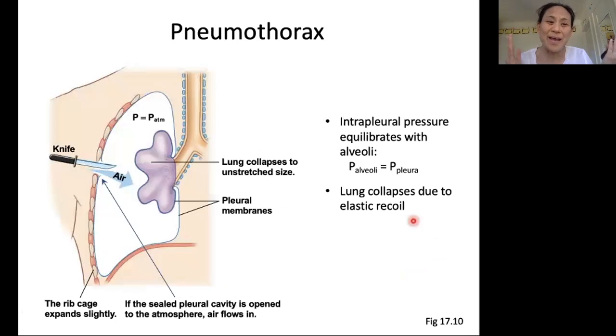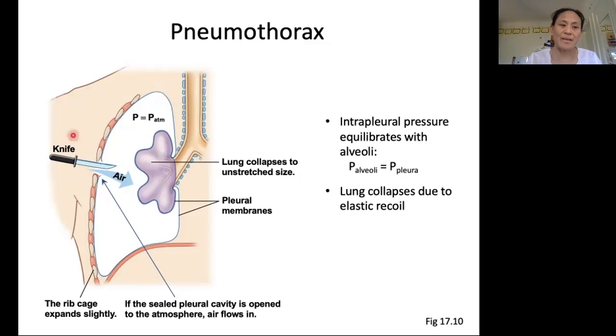Okay, so this is what happens to your lung when you have equal pressure inside of your lung and in the pleura, okay? So this is a condition called pneumothorax, and basically it results from a breakage in the pleura or in the lung wall, okay?